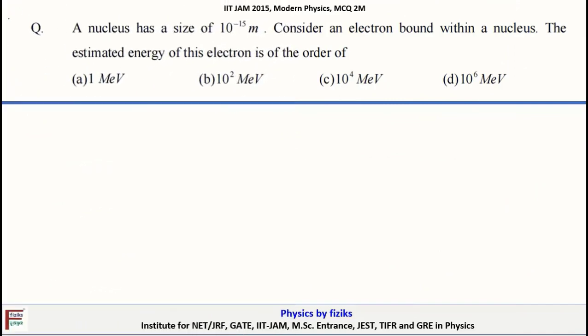A nucleus has a size of the order 10 to the power minus 15 meter. Consider an electron bound within a nucleus. The estimated energy of this electron is of the order. Solution.